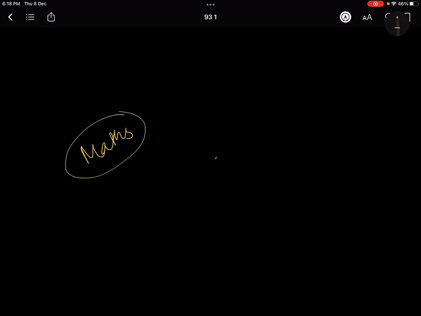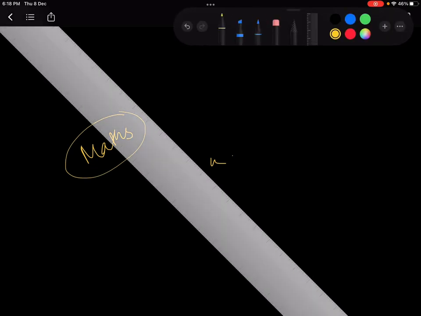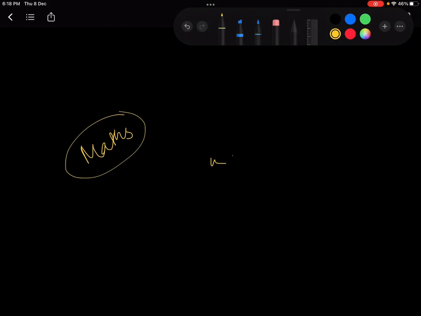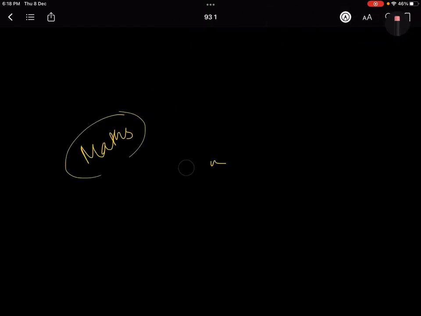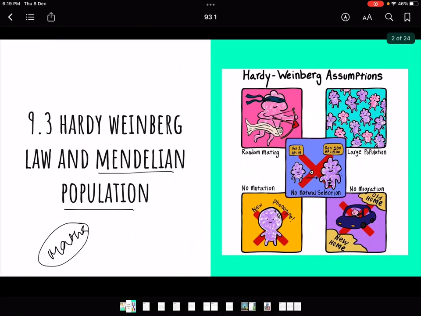Today we are going to do the introductory video, and tomorrow we'll dig more into the concept and understand it with the help of a calculation. We'll take some hypothetical numbers, put them in the equation, and then proceed. So let's start today, and the topic is Hardy-Weinberg law and Mendelian population.